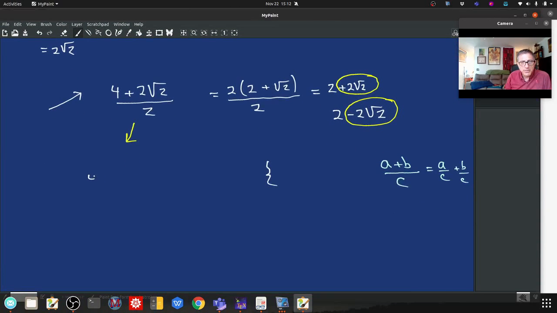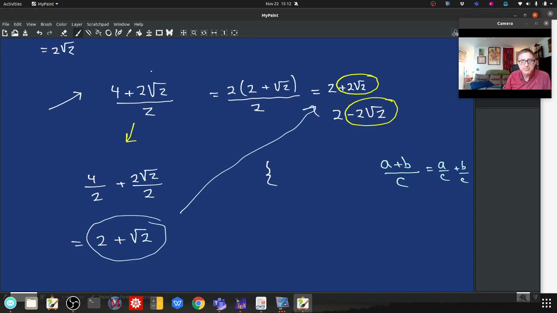So that's going to be 4 divided by 2 plus 2 times the square root of 2 divided by 2. Well, 4 divided by 2 is 2, and 2 divided by 2 is 1. So that's another way to get to there.